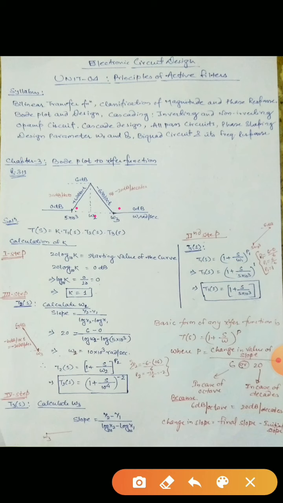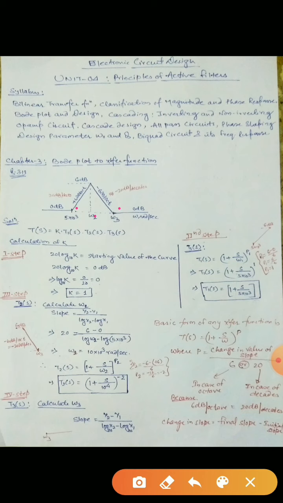So at these three frequencies we get different transfer functions. At 5 into 10 to the power 3, the transfer function is T1 of s. When the frequency is omega 2, there is a change in the value of slope, and corresponding to that frequency the calculated transfer function is T2 of s. And similarly, when the frequency is omega 3, the transfer function is T3 of s.